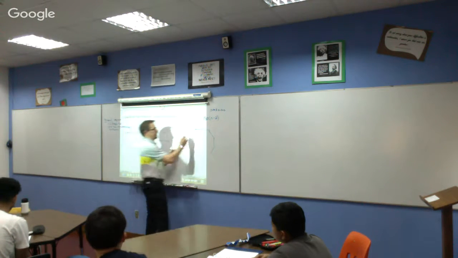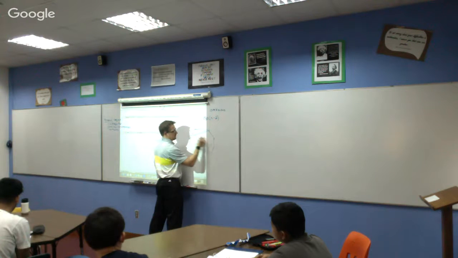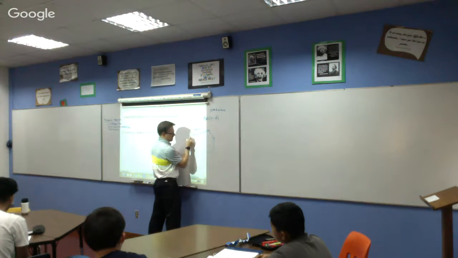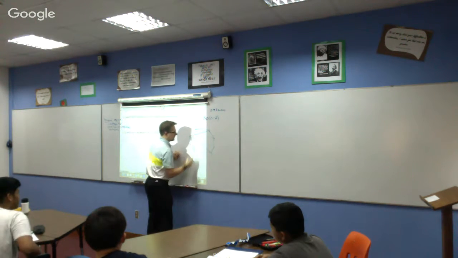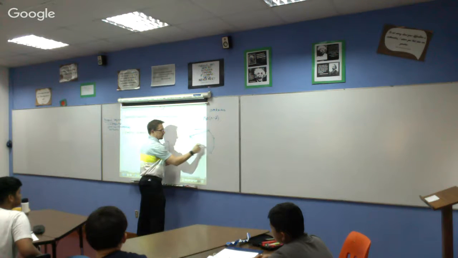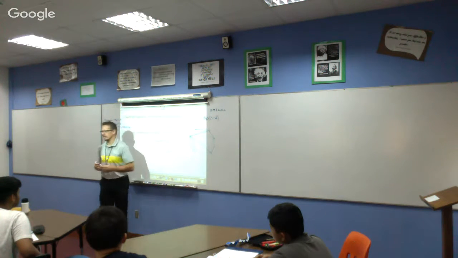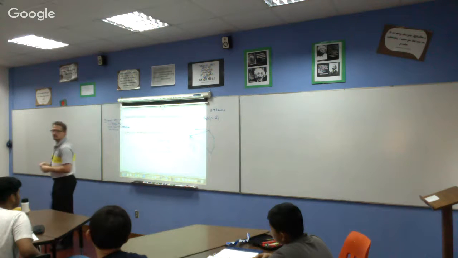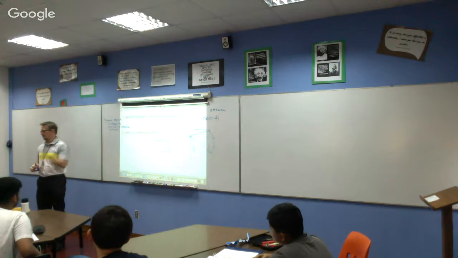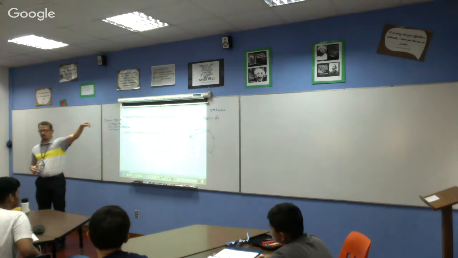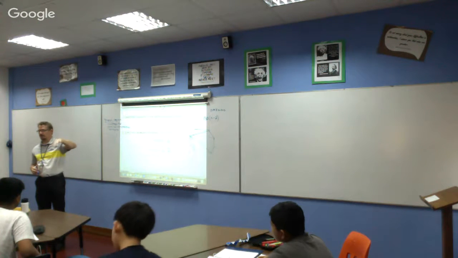See if you can figure that out. If I have 1, 2, 3, 4, 5 diagonals, that gives me 6 triangles. We started with 8 sides, had 6 triangles, and 5 diagonals.